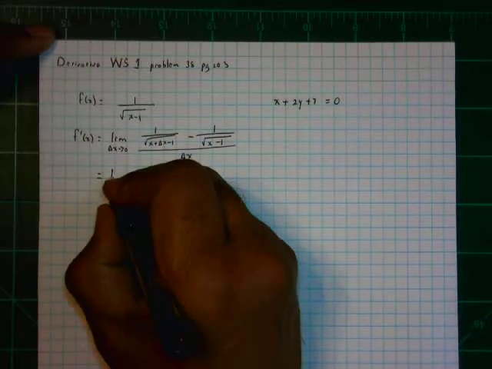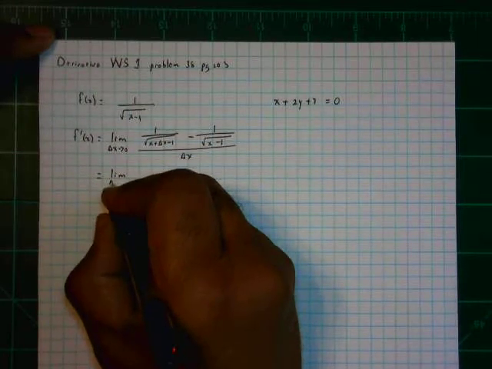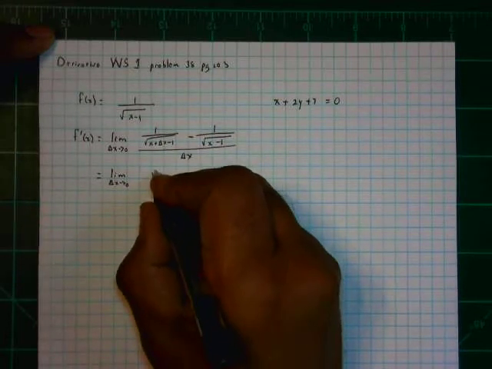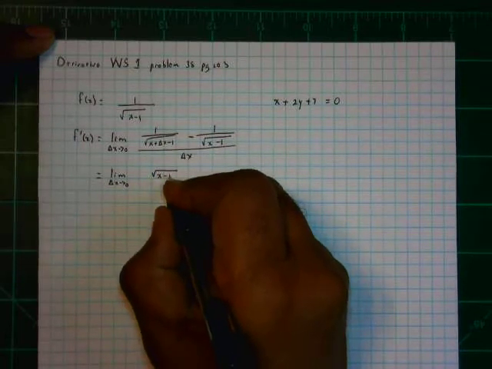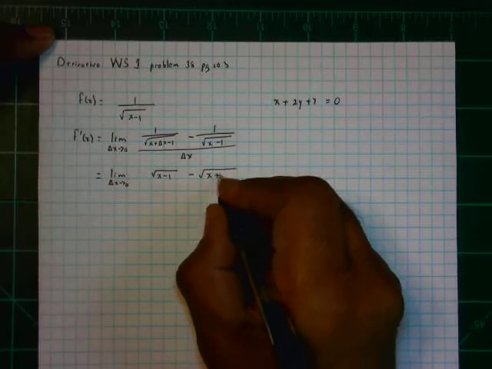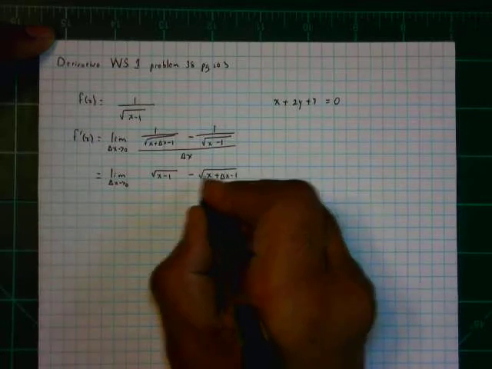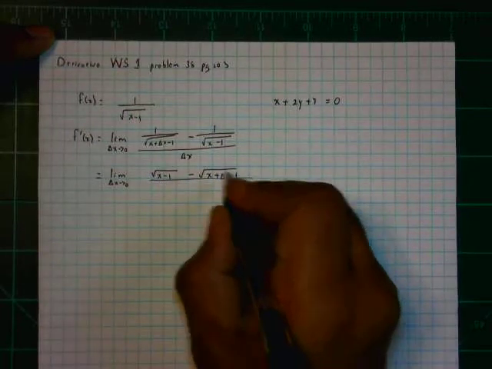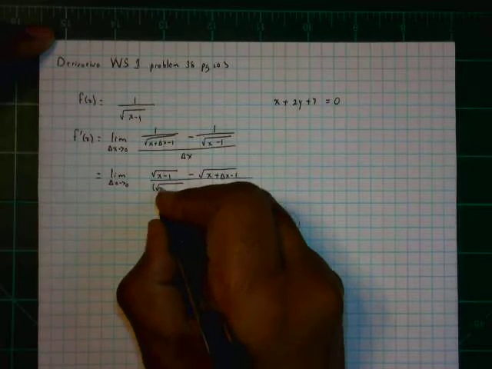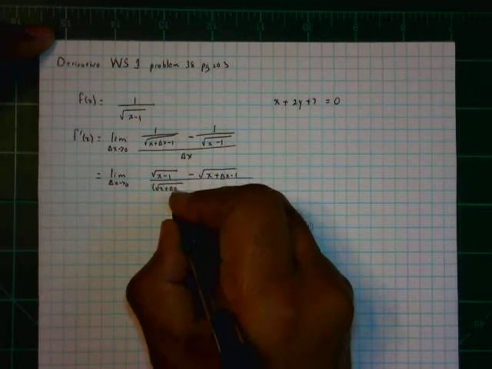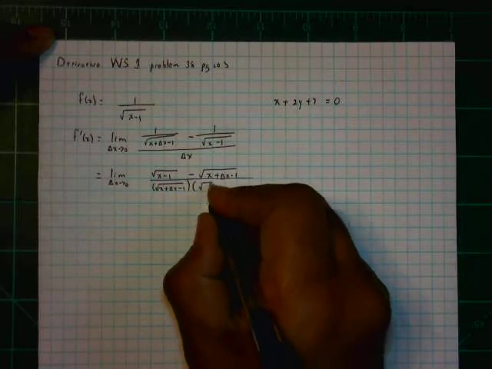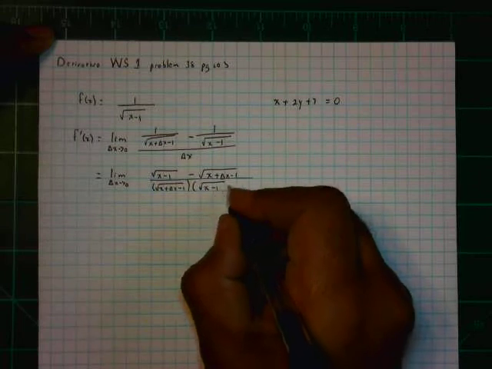So let's write this as the limit as delta x goes to 0, and when we do our multiplication we get the square root of x minus 1 minus the square root of x plus delta x minus 1, and all of this is over the product of those two denominators: the square root of x plus delta x minus 1 times the square root of x minus 1.